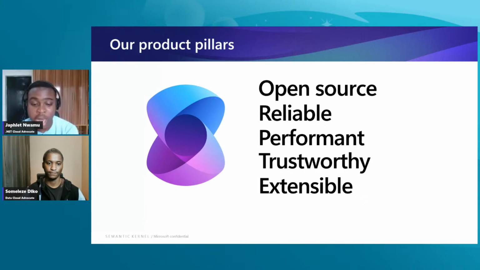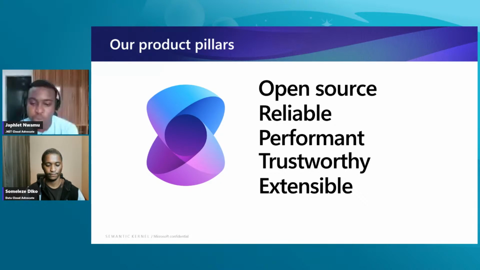Now, touching on the extensibility part, many of our customers are multi-cloud. They use different types of services, and that's one of the things that we try to focus on with Semantic Kernel. We try to focus on how our customers actually use this solution without migrating to a specific cloud platform.